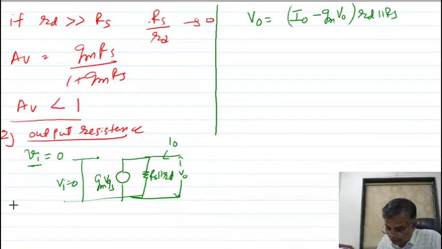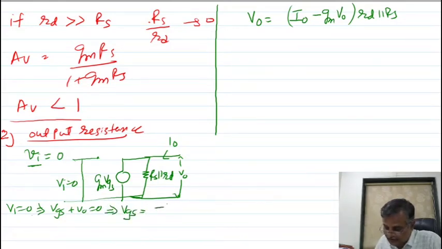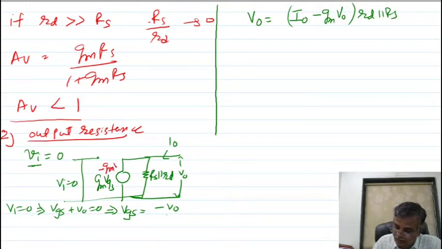In this I am putting Vi as 0, which means VGS plus VO is 0. Vi equal to 0 implies VGS is equal to minus VO. So this I am putting here, so you can write minus GM into VO.